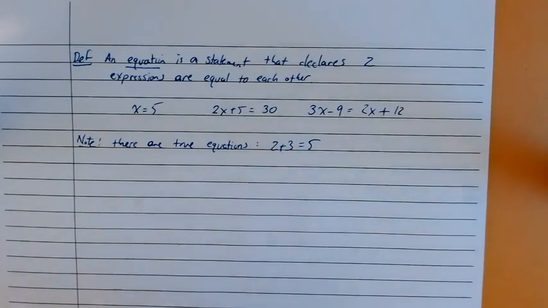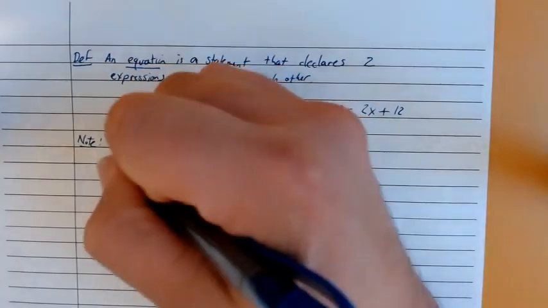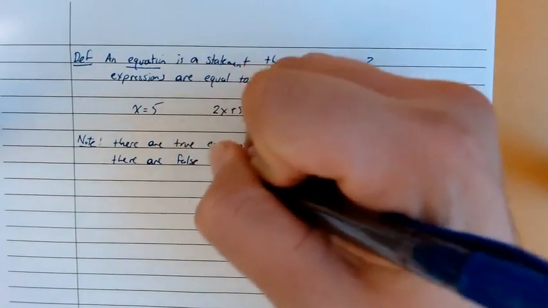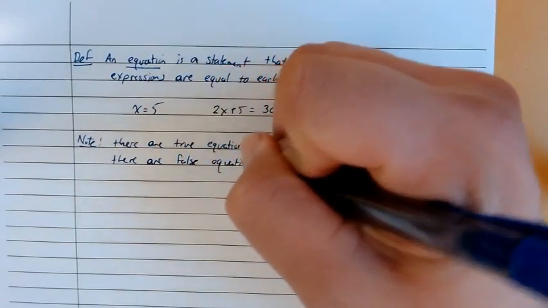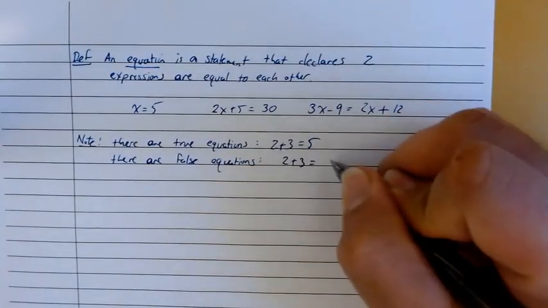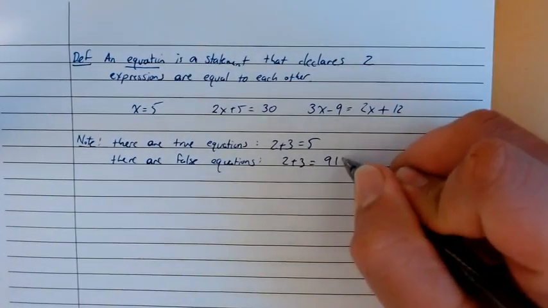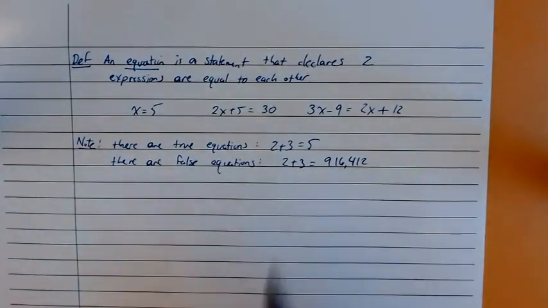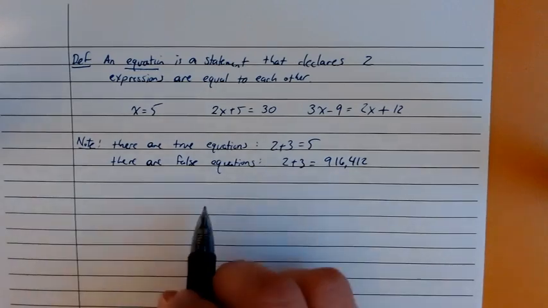And it's true, they are equal to each other. And there are false equations. For example, 2 plus 3 is equal to 916,412. That is definitely not true, right? That is a false equation.